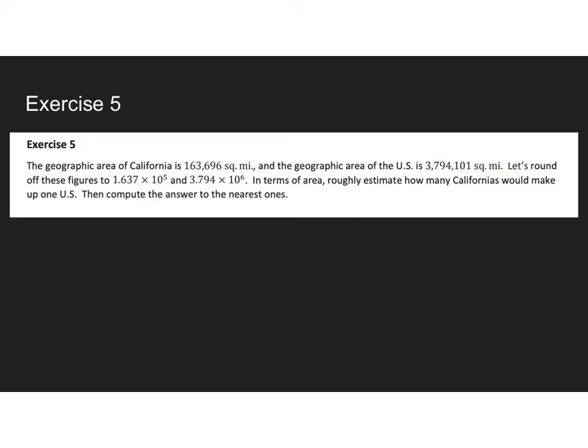So let's just see, here's the United States, right here. Pretend this is the United States, there's Texas and then California, okay? And we're seeing how many times does California fit into the United States. So we're dividing it. We're dividing the United States by California. So U.S. over California.